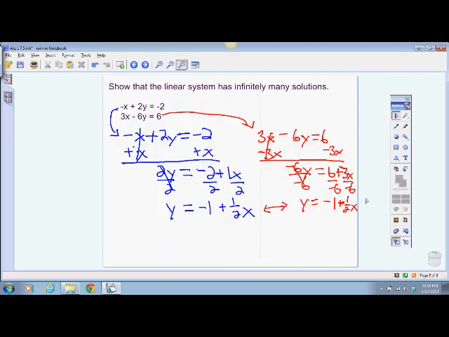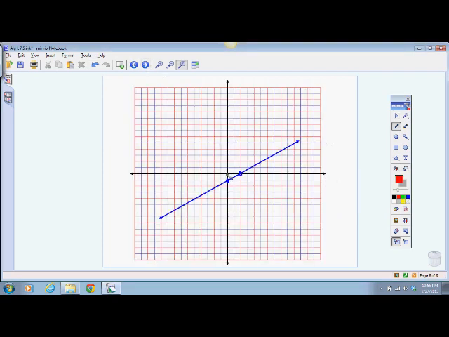Likewise, if you wanted to do the second one here, again, your y-intercept is a -1, and your slope is 1/2. So rise 1, run 2. And look, it is the exact same line.